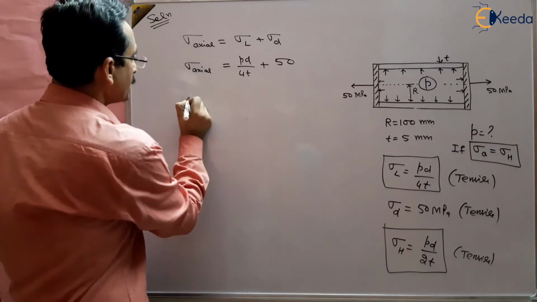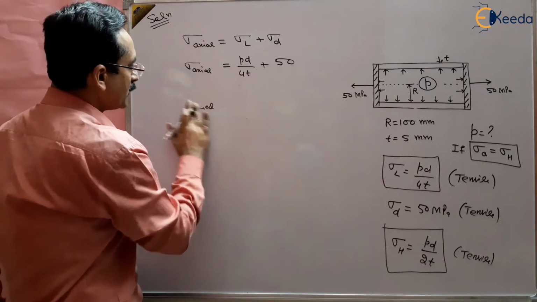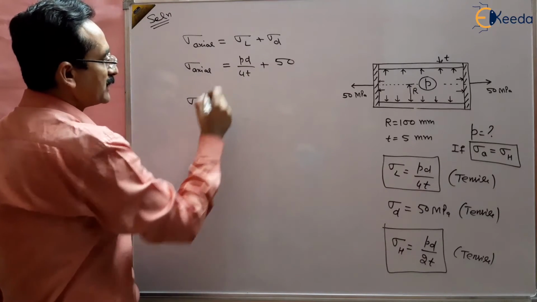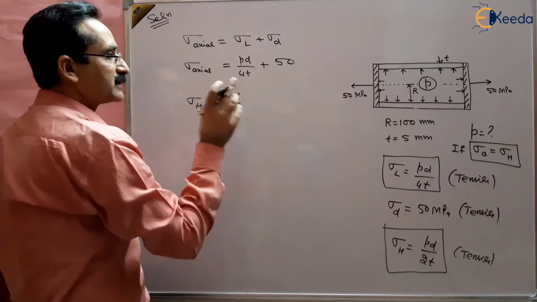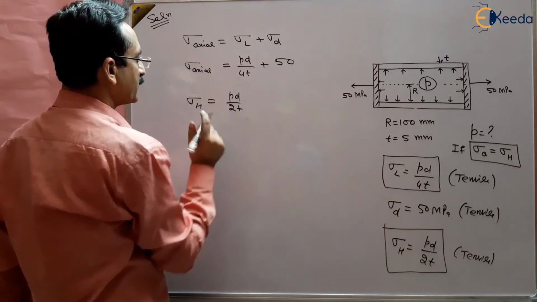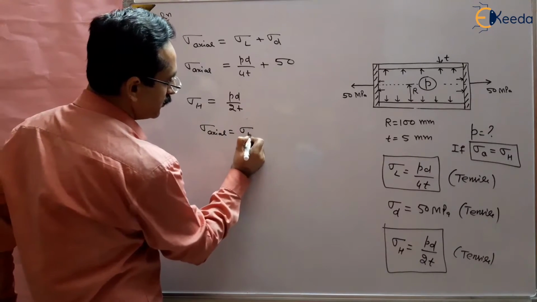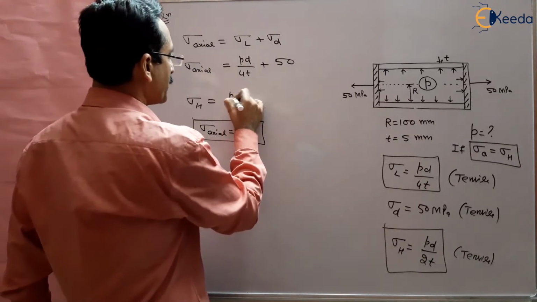And sigma hoop, that is equal to circumferential stress, that is PD by 2t. It is given that these two stresses are equal, sigma axial equals sigma hoop. That's why we have to find out the pressure.